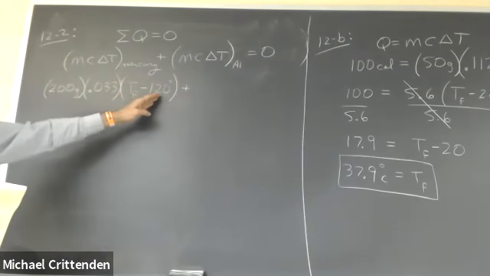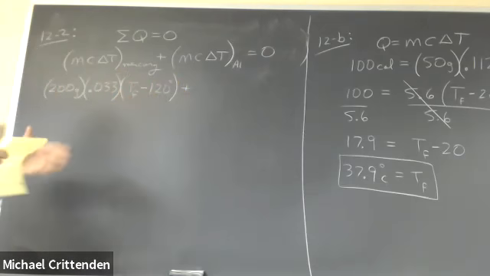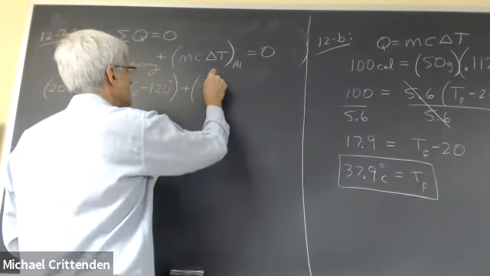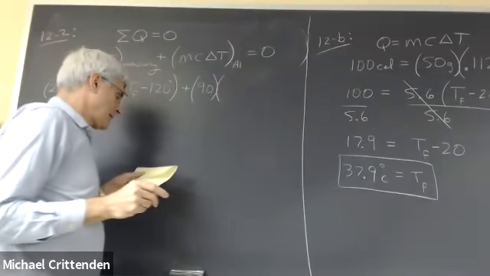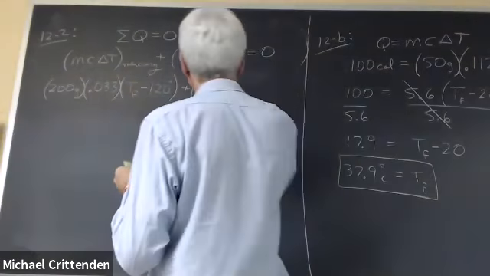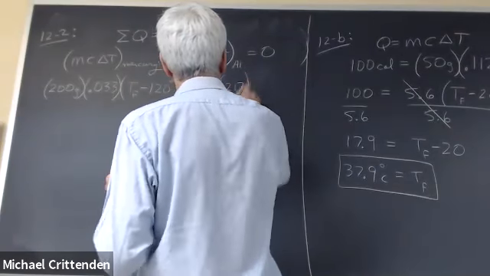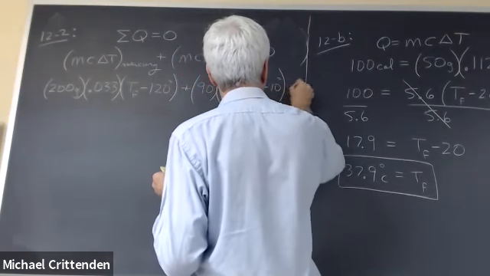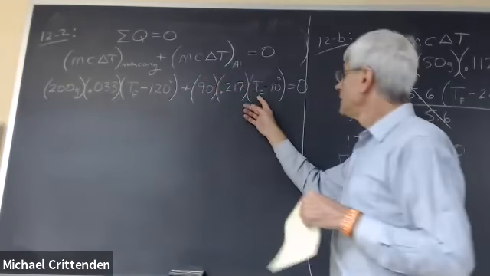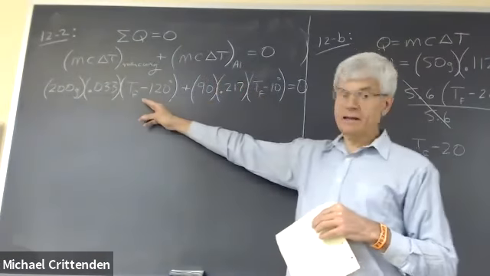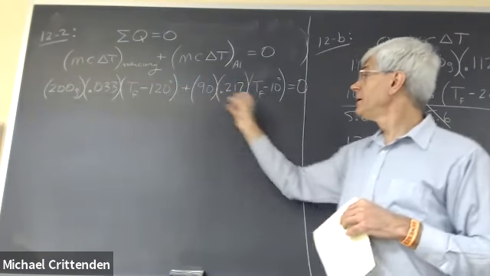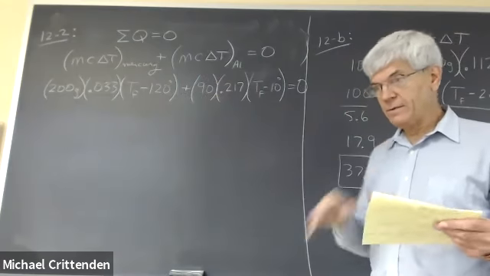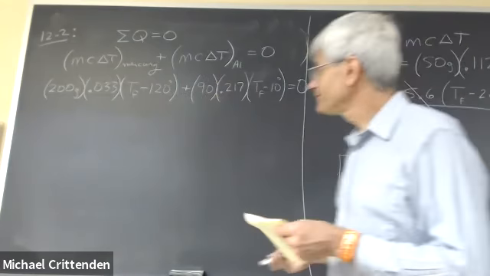Mercury starts out at 120 and cools down to T final. For the aluminum, you've got 90 grams of that, 0.217 for its specific heat. Final temperature for the aluminum is the same as the final temperature for the mercury, because that's the final equilibrium temperature of the whole system. The heat flows until they reach the same temperature.